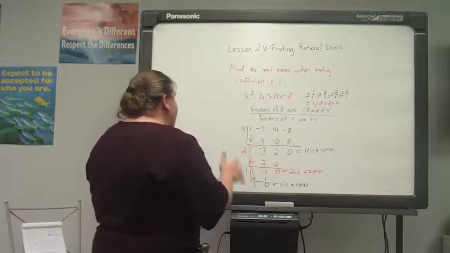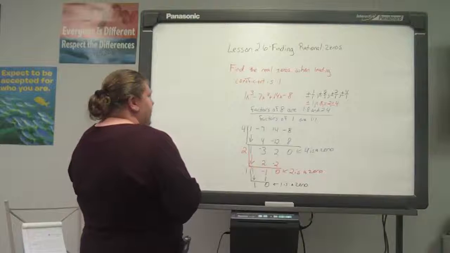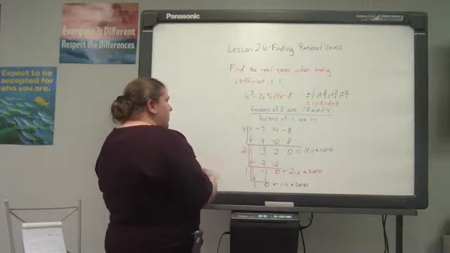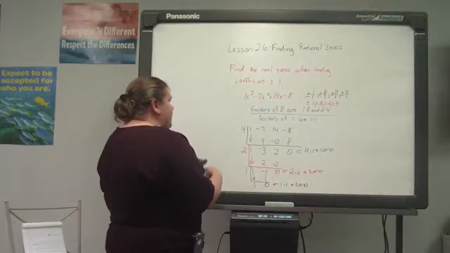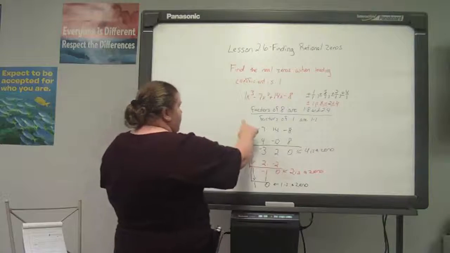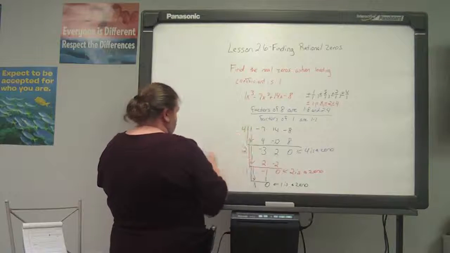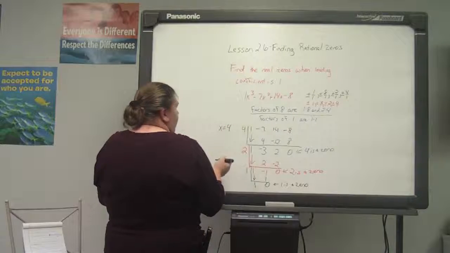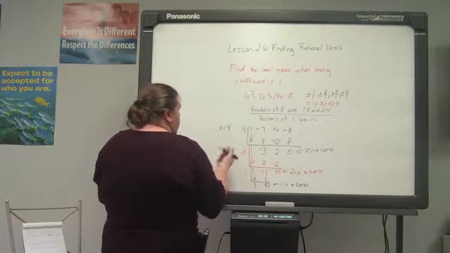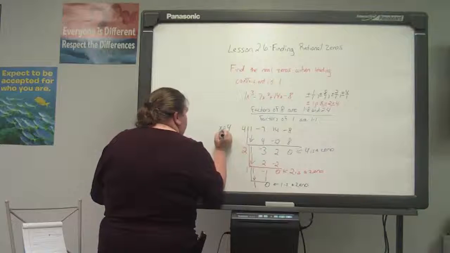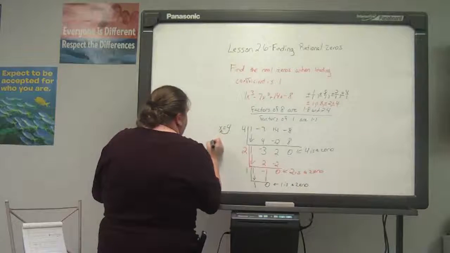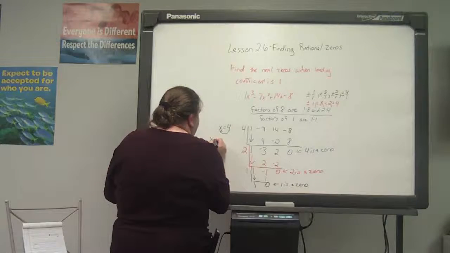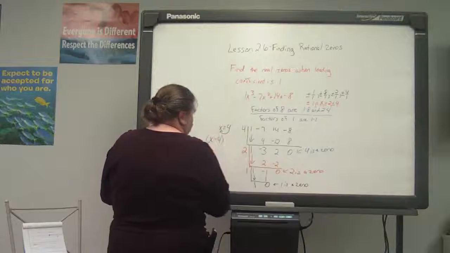Now, if we want to put that in factored form, because there will be times that you need it in factored form, just like we did in our previous lesson, this is saying x equals 4. And so if x equals 4 and we want to make it a factor, we're going to bring the 4 over to the side with the x, and that means that we're going to change the sign. And so we now have x minus 4 as a factor.